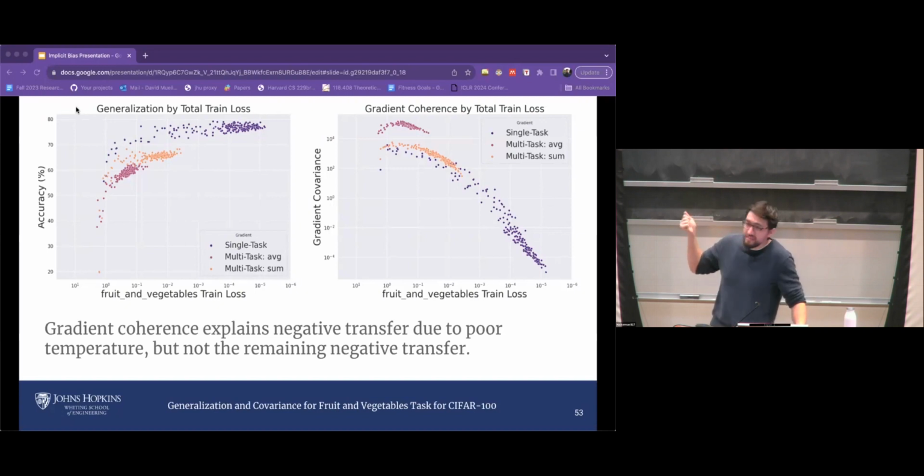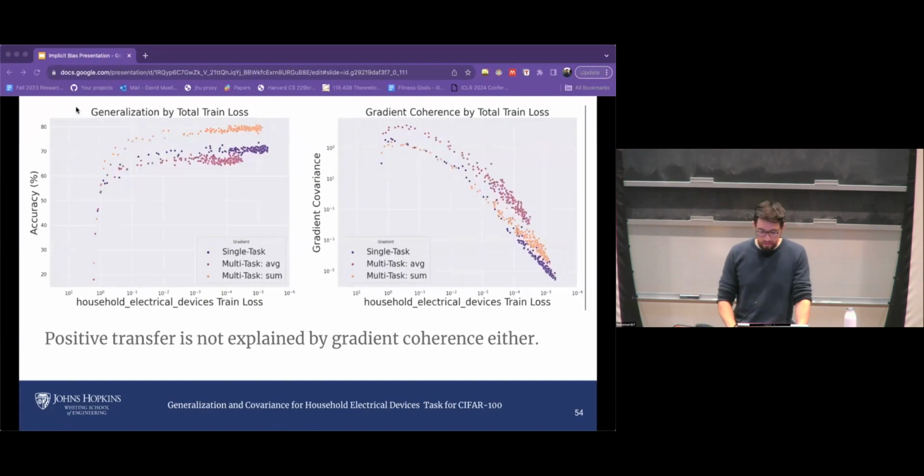So it doesn't seem like gradient coherence is really explaining the remaining negative transfer that we have. We've done our due diligence in making sure that the temperature of optimization is correct, but the remaining negative transfer is not explained by any more factors related to this temperature of optimization.